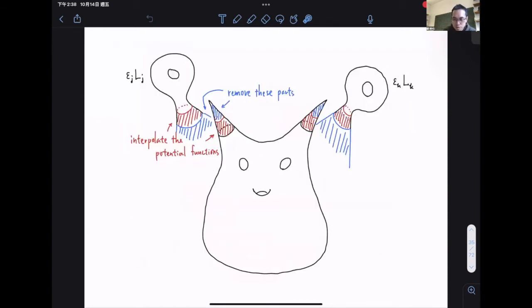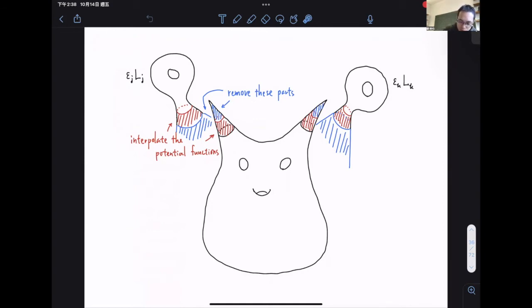So this is a picture illustrating the gluing construction. We have this special Lagrangian submanifold with two conical singularities, and we try to glue in these asymptotically conical special Lagrangians into a small neighborhood of the singular points.